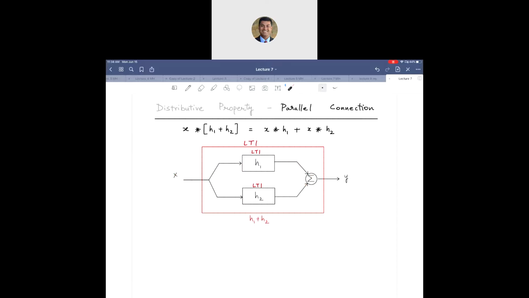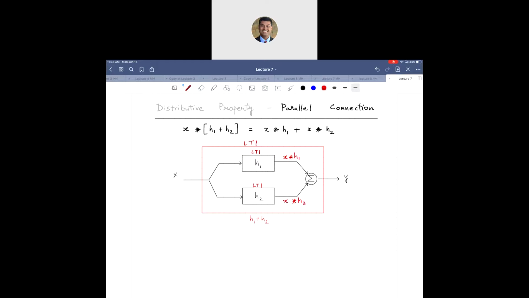So the distributive property says that X convolved with H1 plus H2 is the same as X convolved with H1 plus X convolved with H2. And you can apply that to a parallel connection by evaluating the outputs on each side. What is going to be the output of the LTI system with impulse response H1? It is simply going to be X convolved with H1. Over here you get X convolved with H2, and that is getting added up over there.